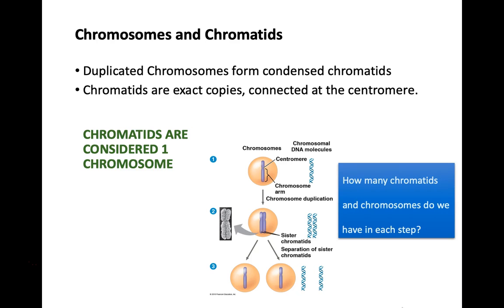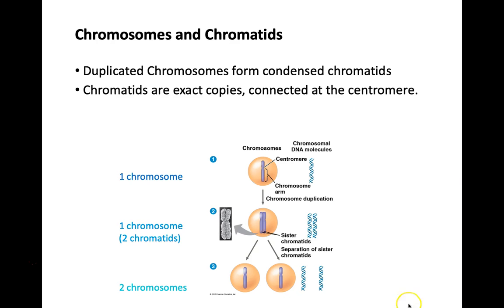So how many chromosomes do we have there? When we have sister chromatids, they are considered one chromosome. They are two pieces of DNA, but they are attached and considered one chromosome. So between steps 1 and 2, we only have one chromosome, even though that DNA has been replicated.